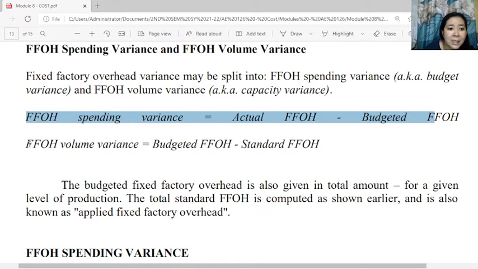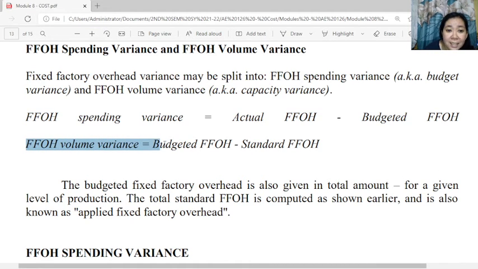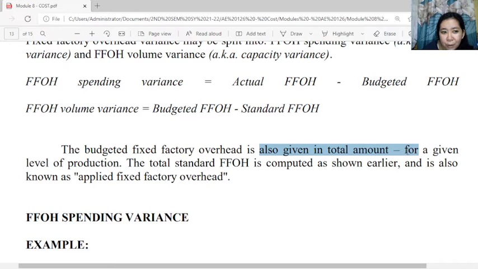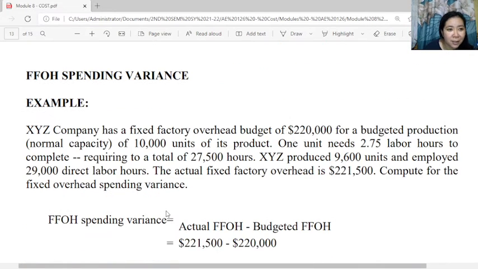Our fixed factory overhead volume variance is equal to budgeted fixed factory overhead minus the standard fixed factory overhead. The budgeted fixed factory overhead is also given in total amount for a given level of production. The total standard fixed factory overhead is computed as shown earlier, and this is also known as applied fixed factory overhead.